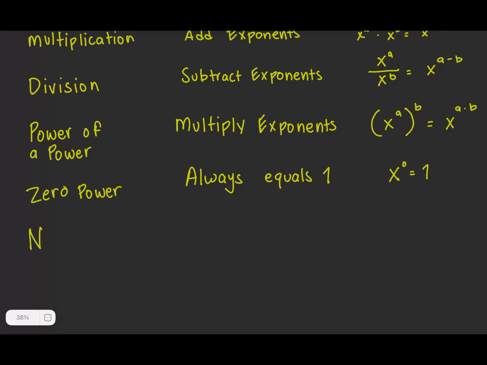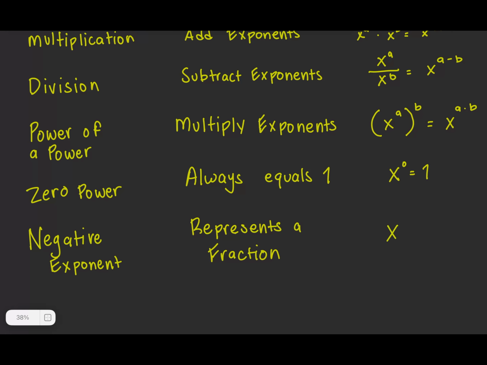And then if we have a negative exponent, that's going to represent a fraction. And so we'll say x to the negative a is equal to 1 over x to the a.